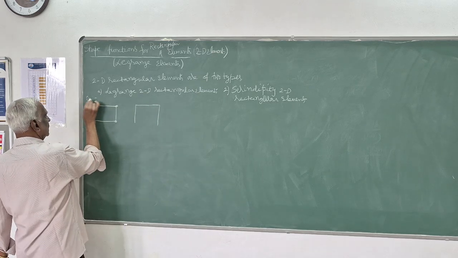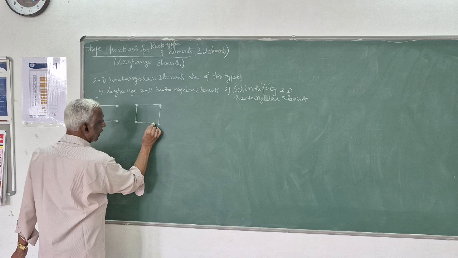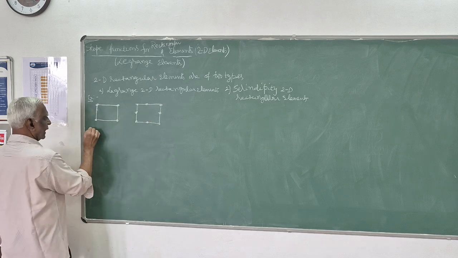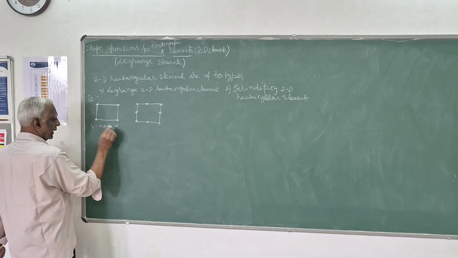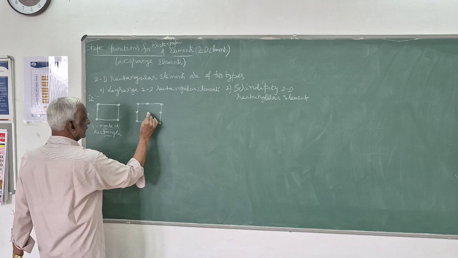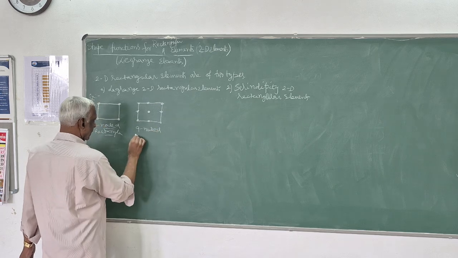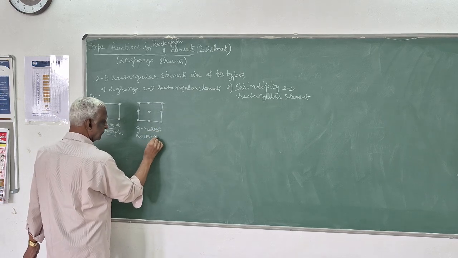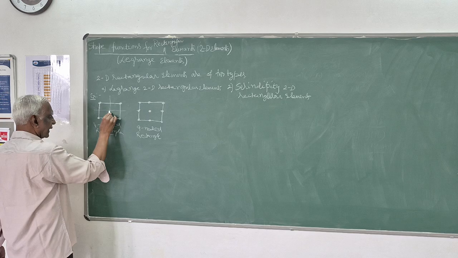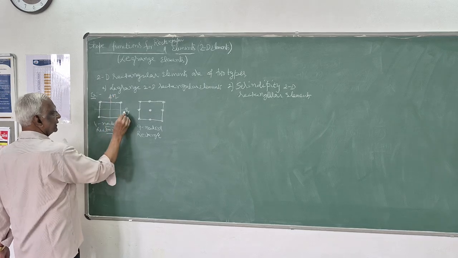Example. Four nodal rectangular element or 8 nodal, or not 8 nodal, 9 nodal rectangle element, where the nodes are symmetric about the center, and beta axis.